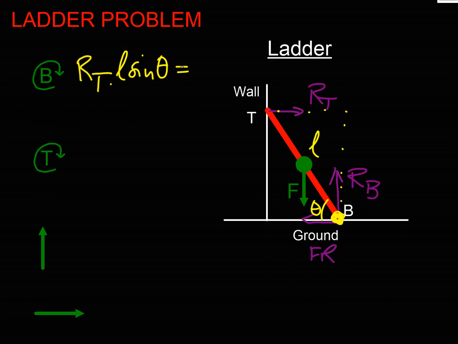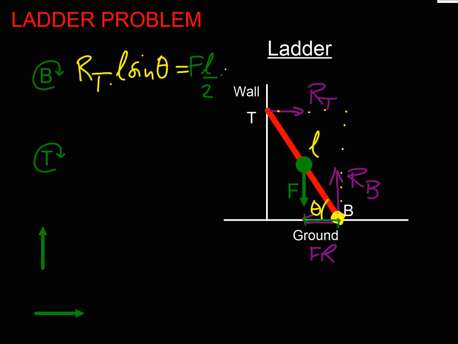Well, I've got an anti-clockwise moment to push against that, and that's the force here, isn't it, the weight. So I've got the force downwards, and I need a moment arm for that. Well, that's going to be this distance here. Let's assume that the weight, the weight of the person on it as well, acts in the middle of the ladder.